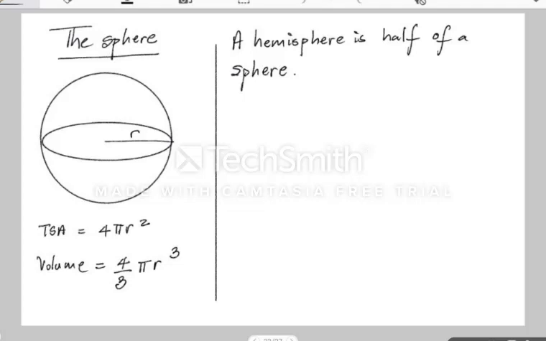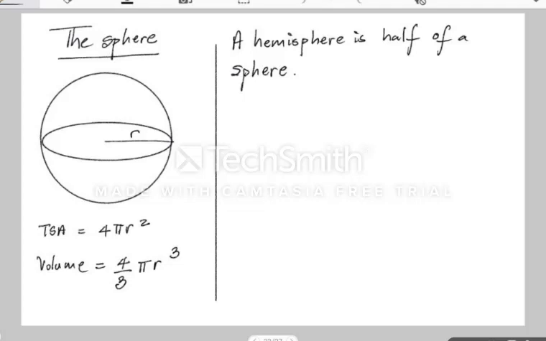A ball, an orange, those are examples of a sphere. The total surface area of a sphere is 4 pi r squared. An easy way to remember it is to say 4 times the area of a circle with the same radius. And the volume of a sphere is 4 over 3 pi r cubed.